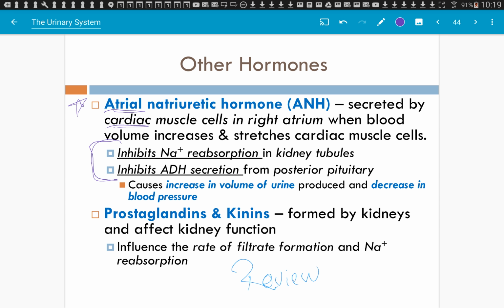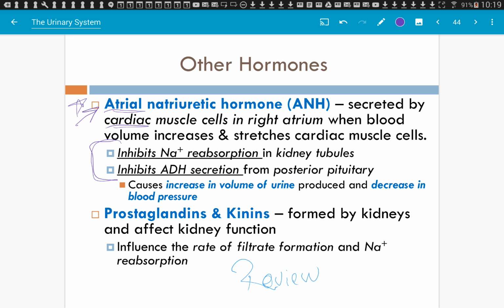If we're inhibiting antidiuretic hormone, we are not trying to conserve water. So the volume of our urine is going to increase, and we're going to lose more fluid, so blood pressure will decrease. That is not a bad thing, because the original trigger was stretching in the heart itself, meaning too much blood volume.